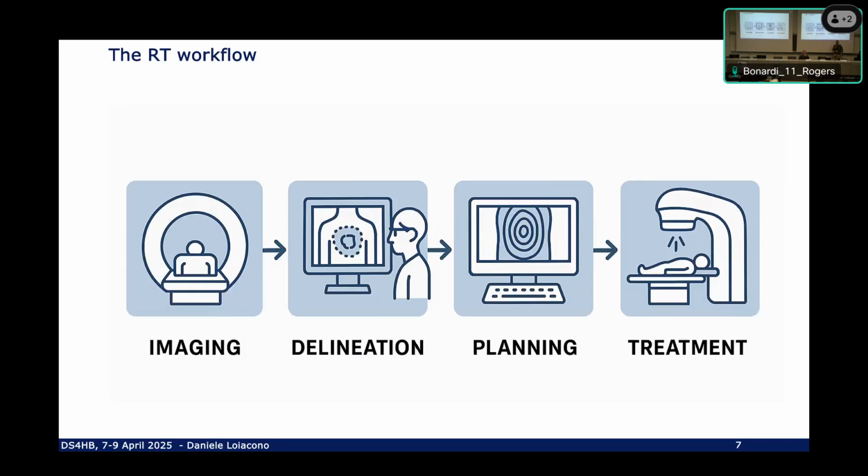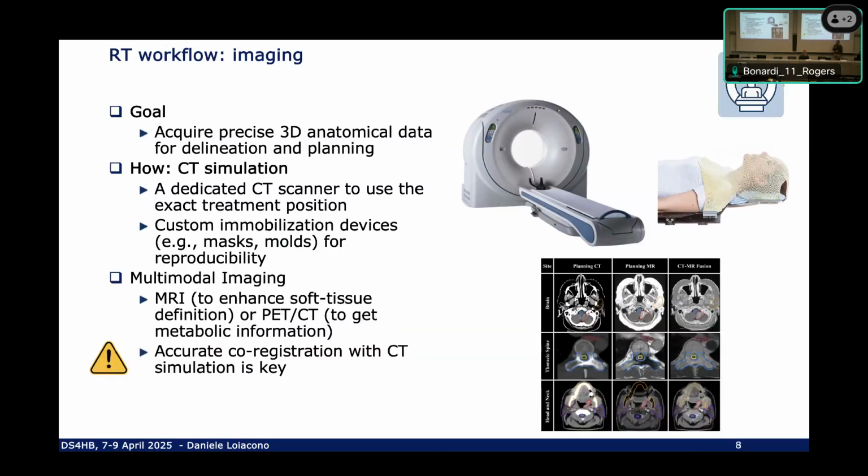So this is used in a workflow that is necessary to achieve this goal, that can be divided in 4 main steps. In the first step of the radiotherapy workflow, it is necessary to acquire the anatomical data of the patient through a dedicated CT scanner that allows you to actually acquire the 3D anatomical data in the same position the patient will receive the radiotherapy treatment later.